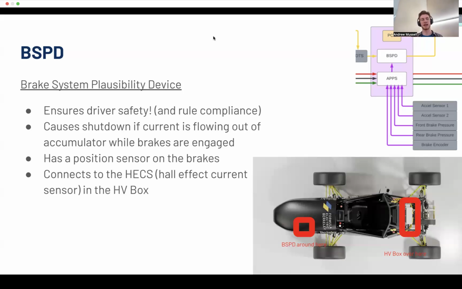Your APPS can just consider that an implausibility on the APPS side as opposed to an implausibility on the BSPD side. And you just don't command torque for those time steps because you can sense you're pressing the brake and the accelerator. You don't have to shut down, which is good, because as soon as you lift up on the accelerator and the brake and then press the accelerator again, the car will begin operating normally.